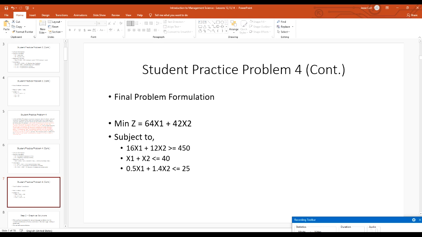Let's briefly discuss what this means. We're trying to minimize our costs. It costs $64 for a permanent employee and $42 for a temporary employee. But we're governed by 3 rules.